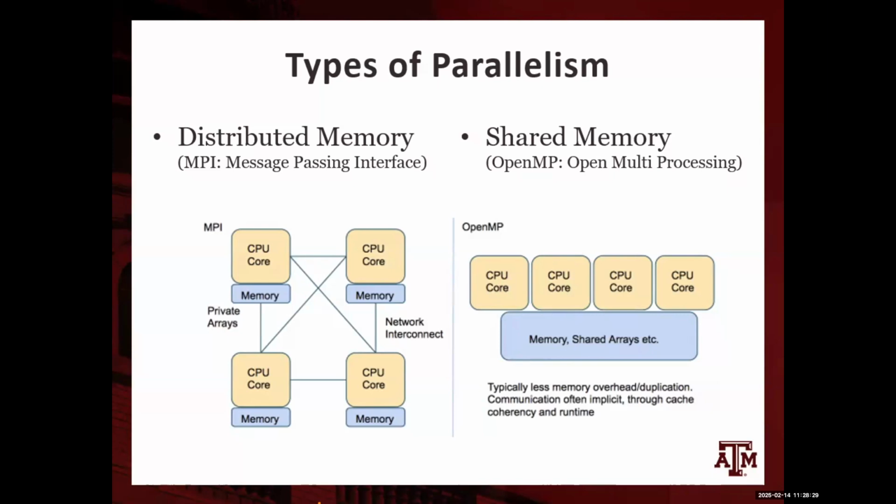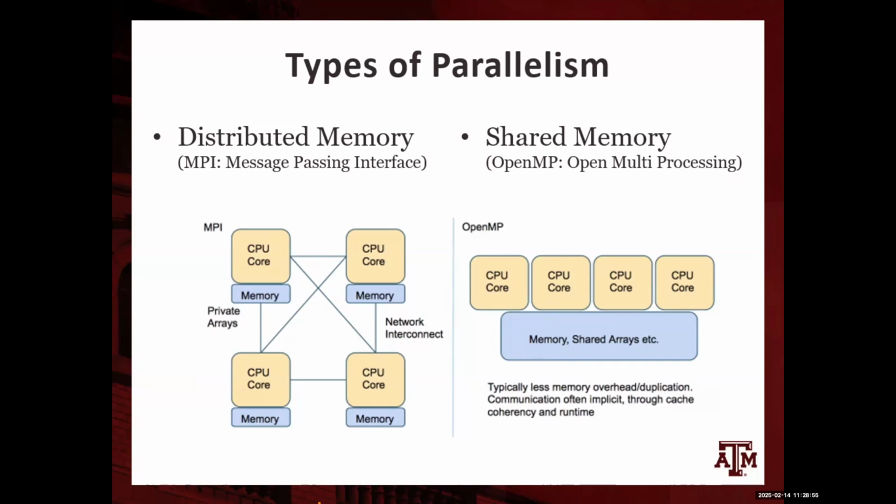You have part of your information here, part here, part here. But maybe to calculate something here, you need some information from here. That's how MPI can tell it to send information from this rank, from this CPU, from this memory to here, and back and forth.